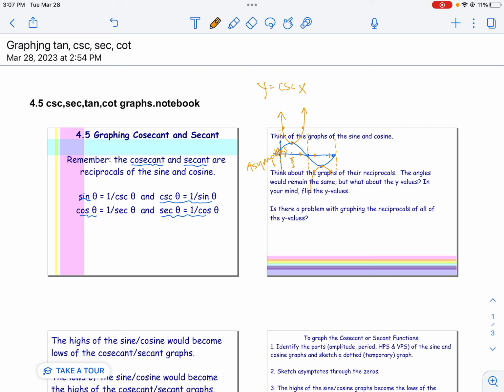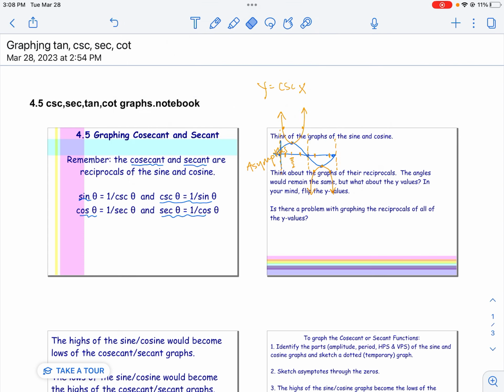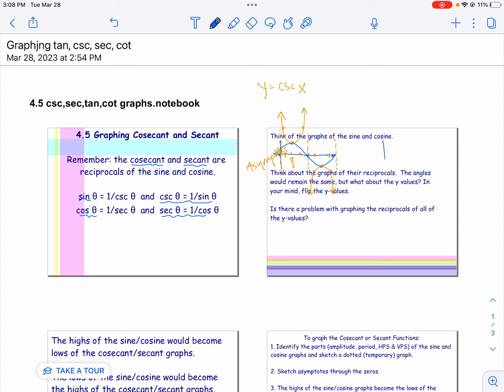And so the second part of the cosecant curve looks like this. So cosecant has 3 vertical asymptotes where sine is 0. And then it has that U-shaped look where the high points of sine are the low points of the cosecant curve.